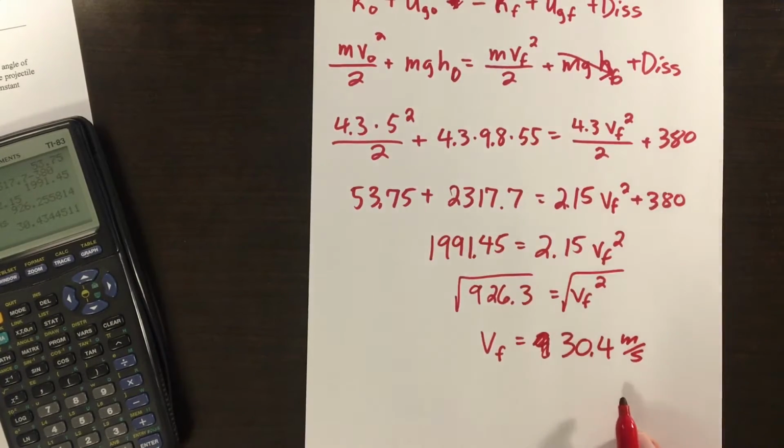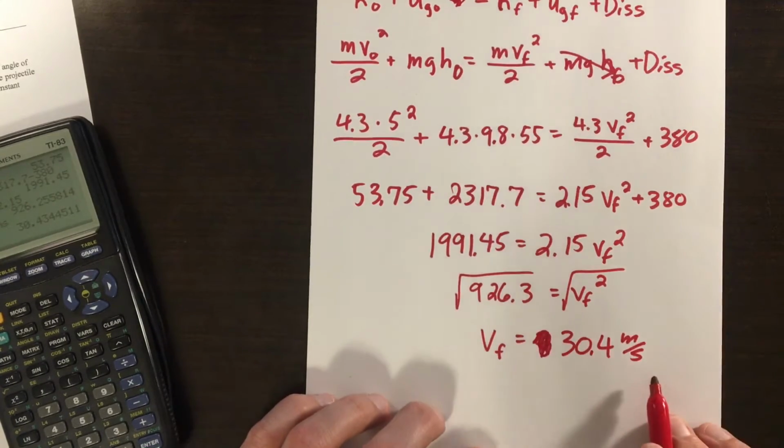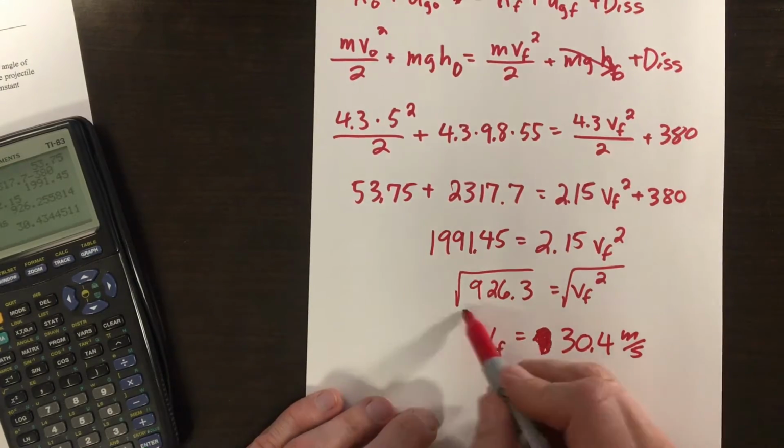So we get a final velocity of 30.4 meters per second.